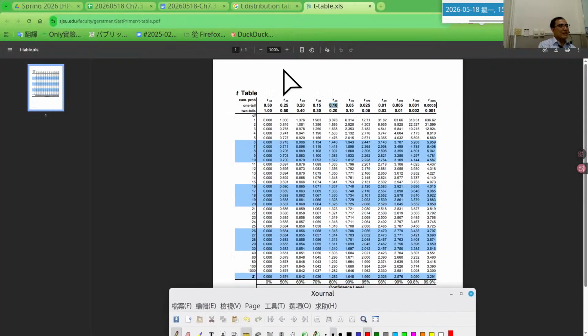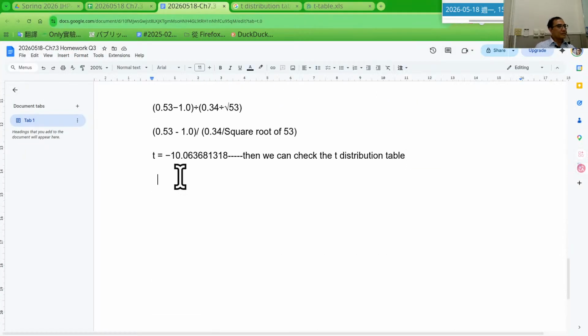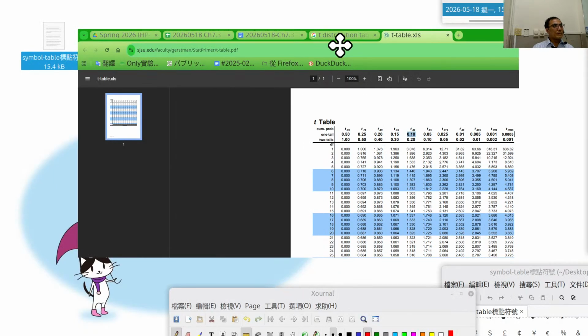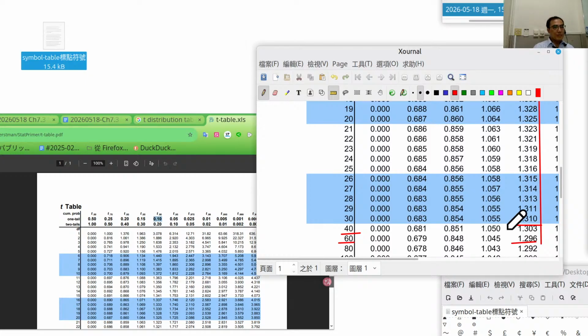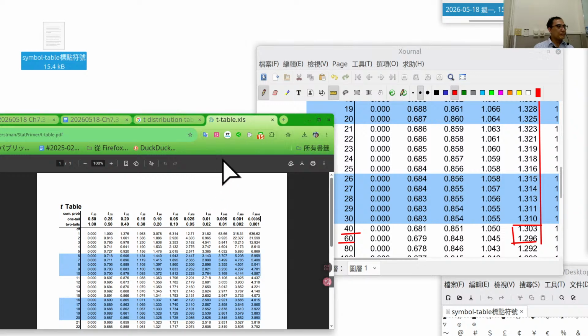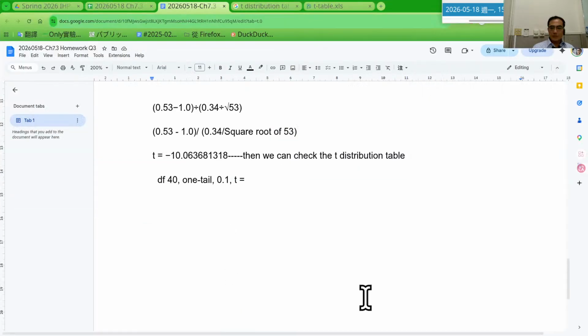Thus, when degree of freedom, df, of 40, one tail, 0.1, the t is 1.303. The same, similar.